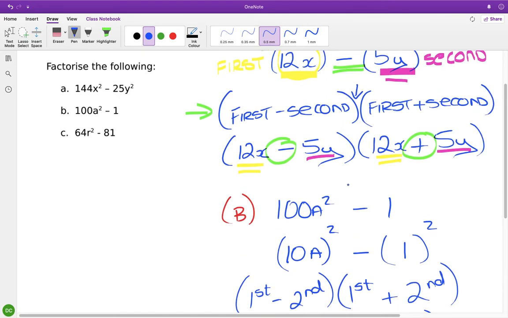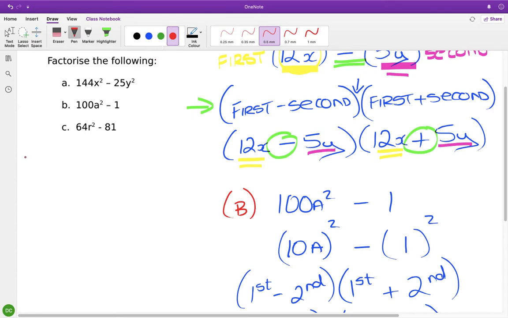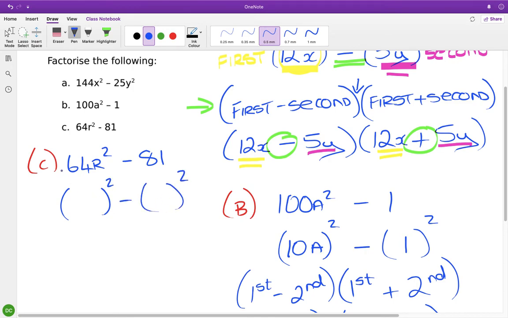All right, and then C is 64r squared minus 81. So let's try to write these as squares. 64 is on the list, it's 8 squared, and then your r. If you apply the square to the 8, you get the 64, and if you apply the square to the r, you get r squared.